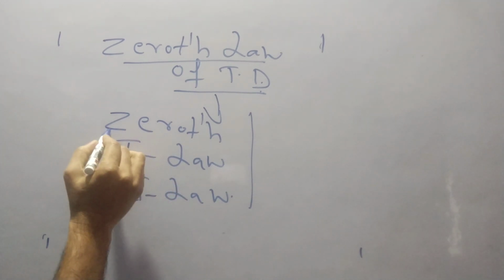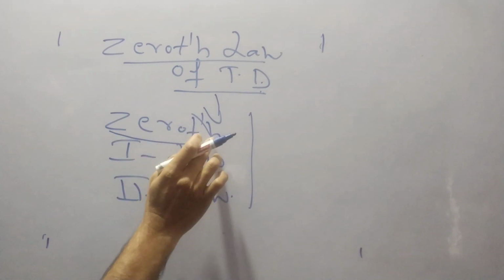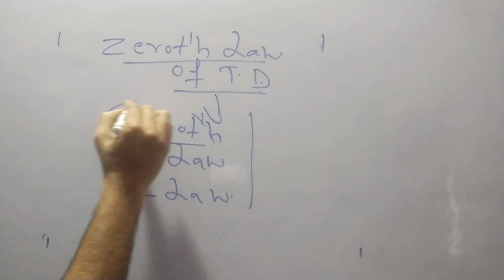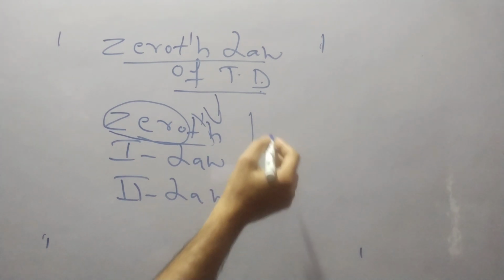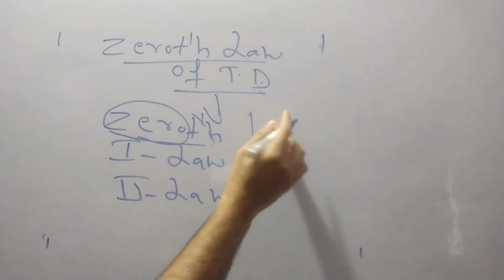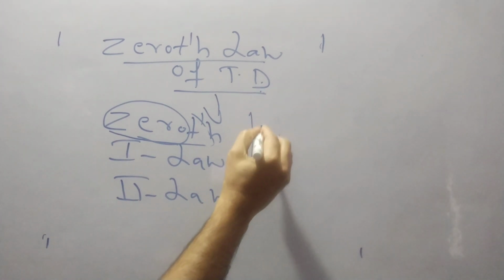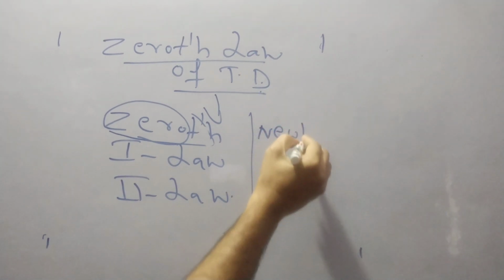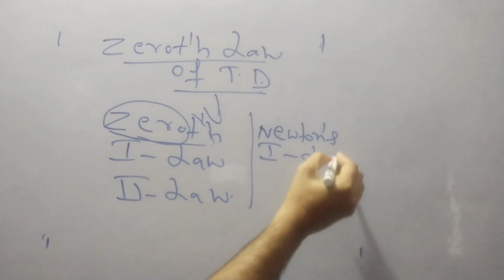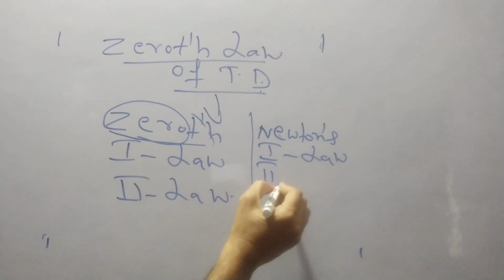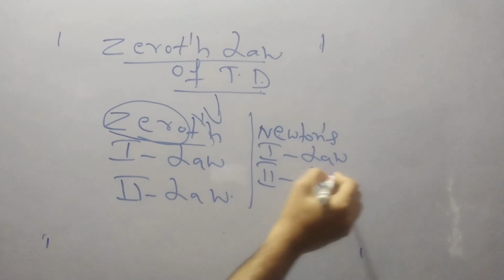Now, why zero is there here? Why not first, second and third? If you see the laws of kinematics, those laws are Newton's first law, second law, third law.